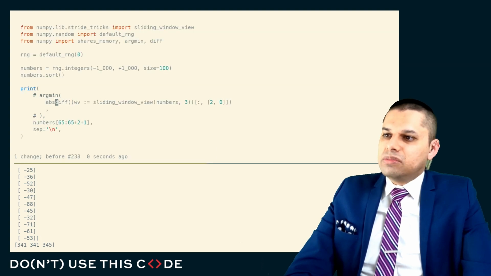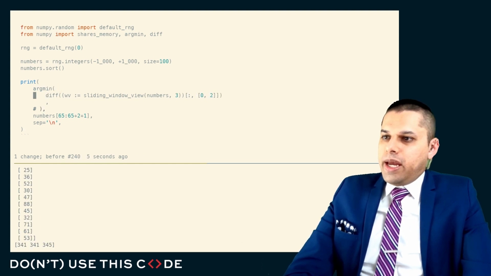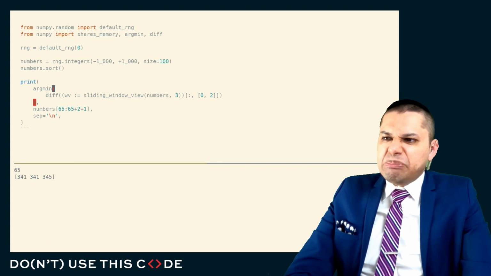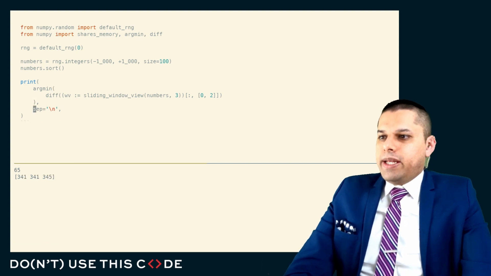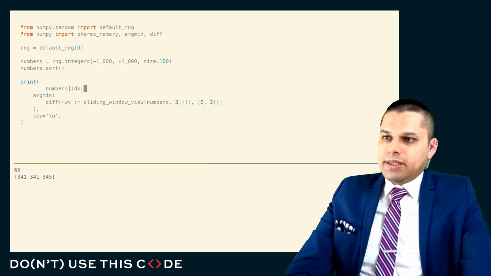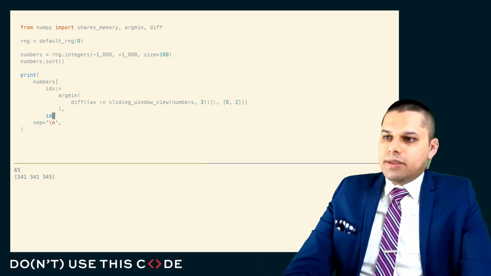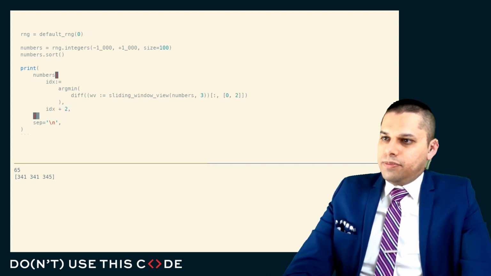Yeah, I guess so. And then get the absolute value of the difference. Or actually, it wants to compute the difference the other direction, so here. And then do that. So I guess we could do that to clean it up a little bit. And then here, we're going to say numbers of this index, like this, and the index plus whatever the window size was.